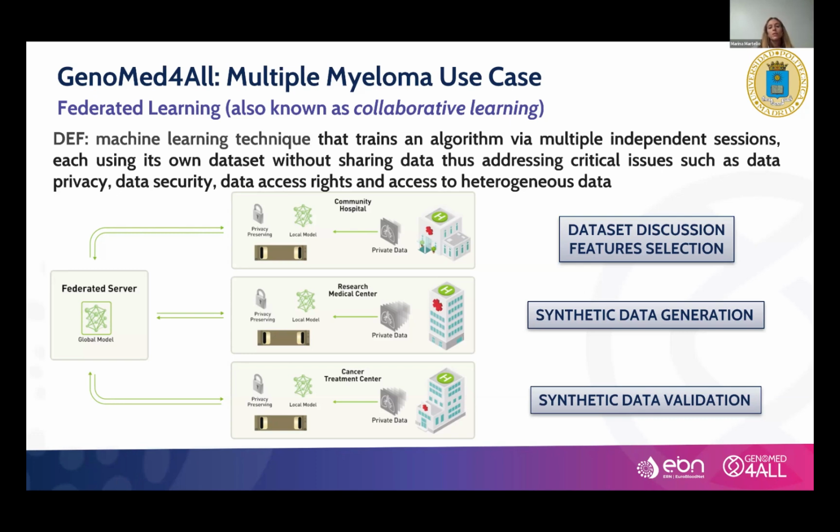For the future possible use of this federated learning, we discussed the data set with the UPM group in order to select the features to be used for the downstream analysis.